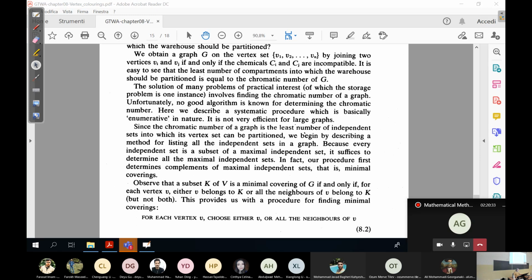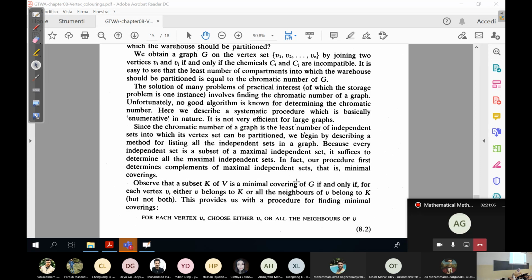What we are doing is this. In order to find maximal independent sets, they look for their complements, which are minimal coverings. So what we are doing in the midterm is finding all minimal coverings and their complements, which are the maximal independent sets.